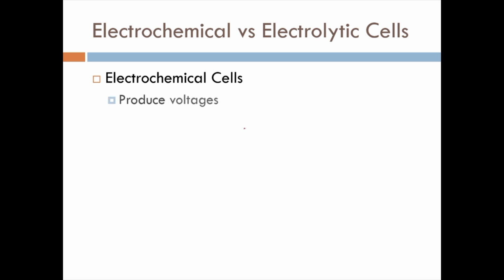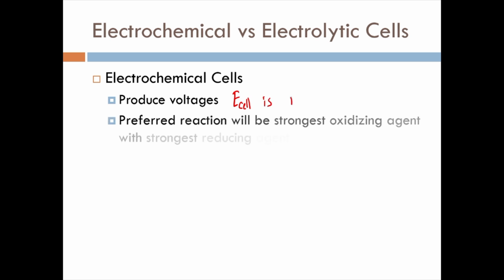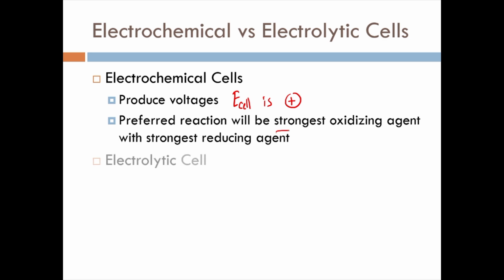So they have positive E cell. And the preferred reaction will be the strongest oxidizing agent with the strongest reducing agent.